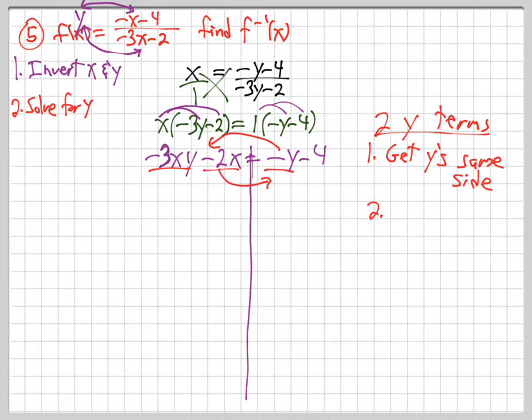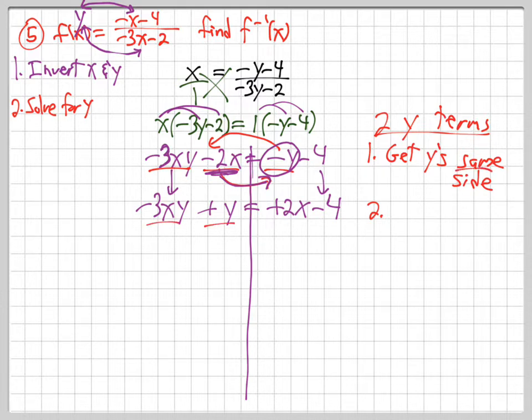Remember, when things jump to the other side of the equal sign, they switch their signs. So this minus 3xy stays put, but the minus y here jumps over, becomes a plus y. And then this minus 2x jumps over, becomes a plus 2x, and the minus 4 didn't go anywhere. He just stays where he's at. Good so far. So notice I've got both the y terms on the same side. It doesn't matter if it's on the left side or the right side. It doesn't matter at all. I got them on the left side.